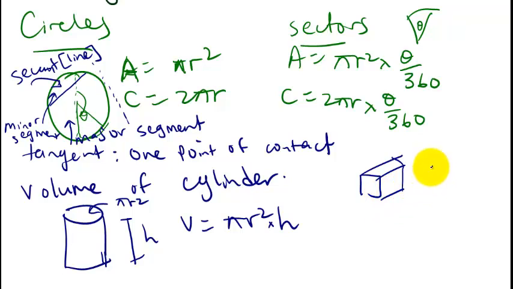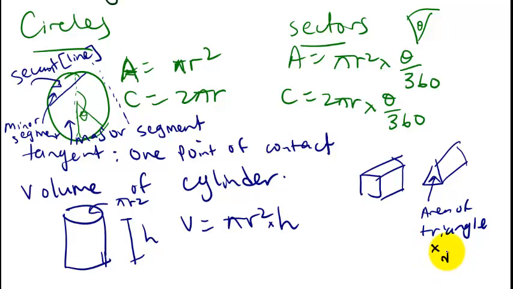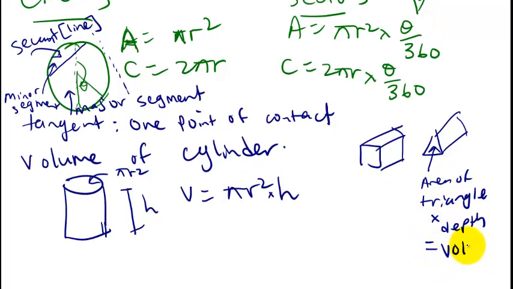So if I had a Toblerone, well, it's just the area of my triangle times its depth. Okay. That's the volume. So area of triangle times depth equals volume.